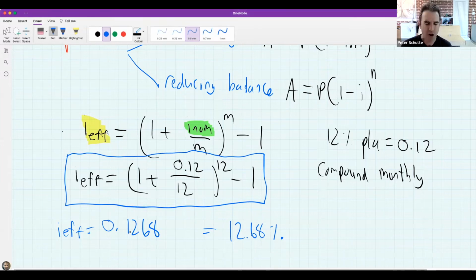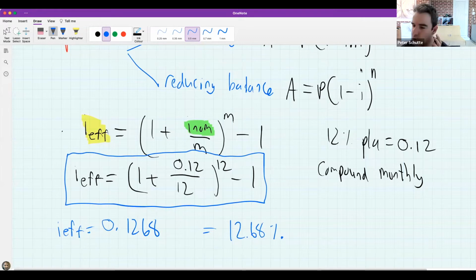Now, I just want to ask, why is the effective rate higher than the nominal rate? A bit of a sneaky question. Well, not that sneaky, but like, why is it higher? Any ideas in the class?